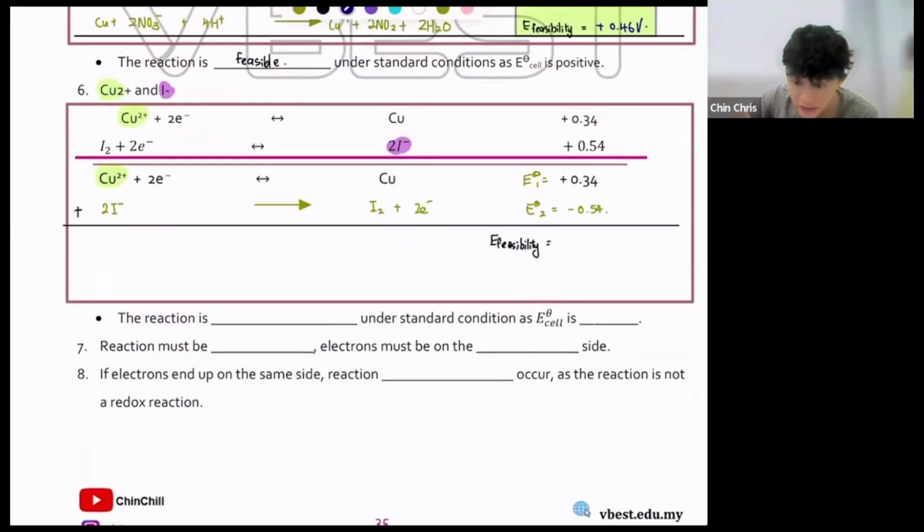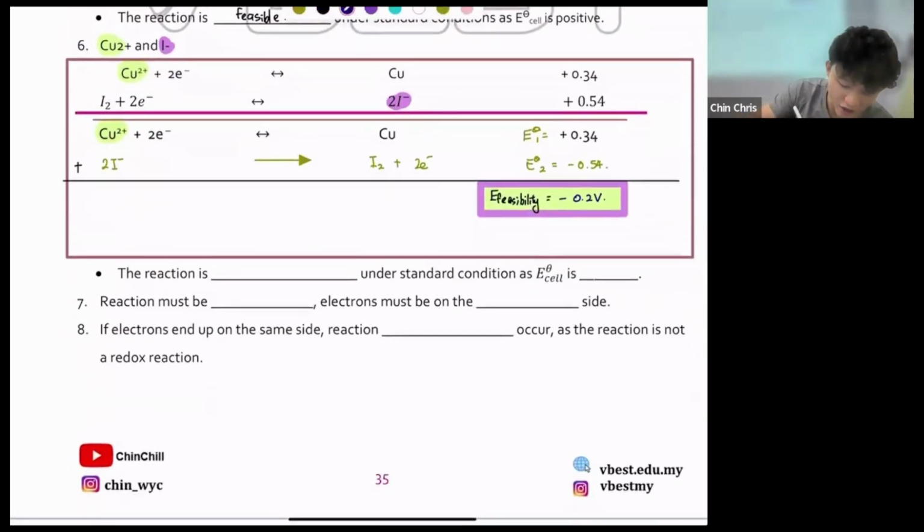Add up the values, it is negative 0.2. So guys, is this feasible? This reaction is not feasible as the E cell is negative. Get me?